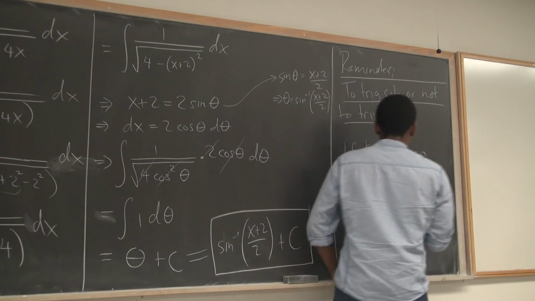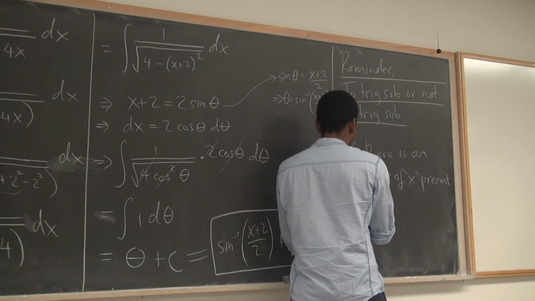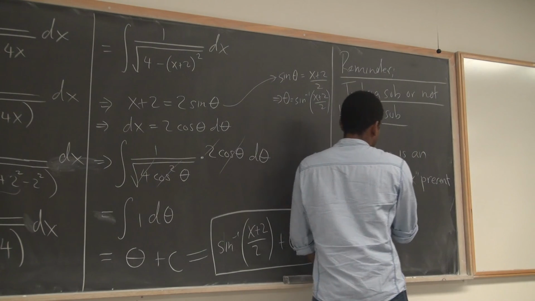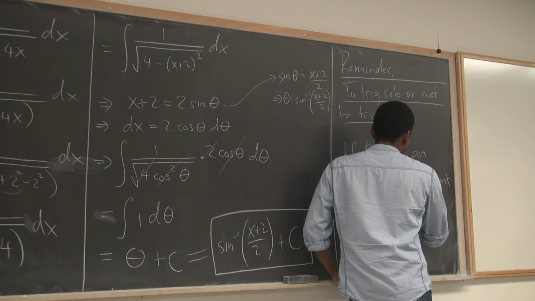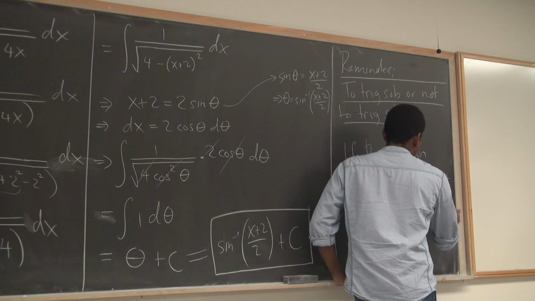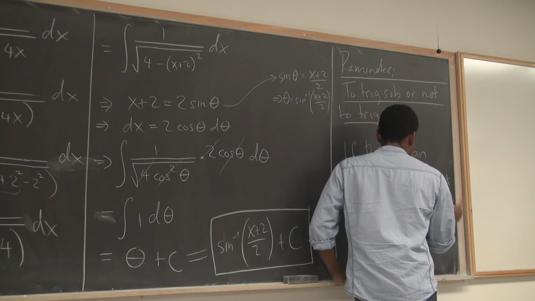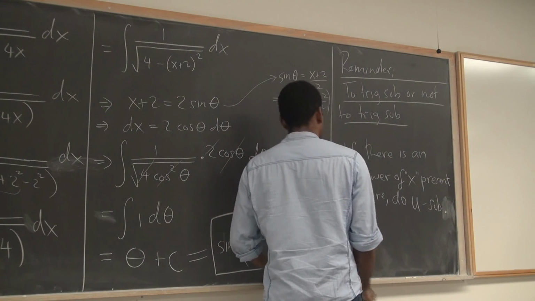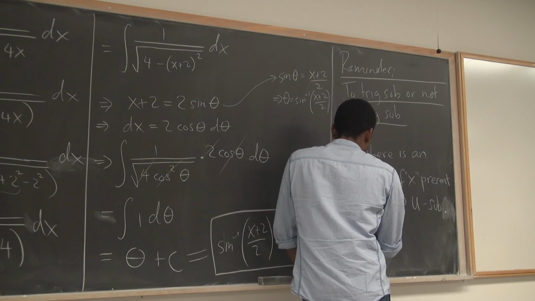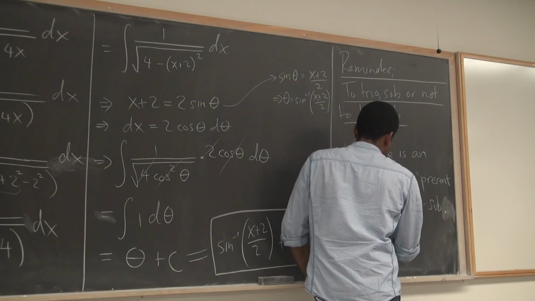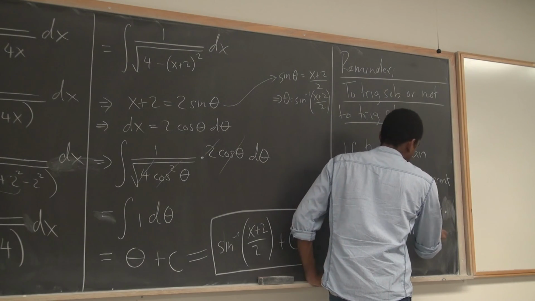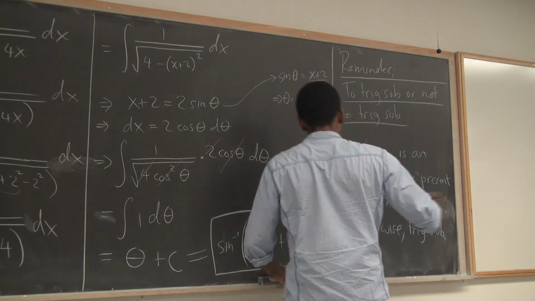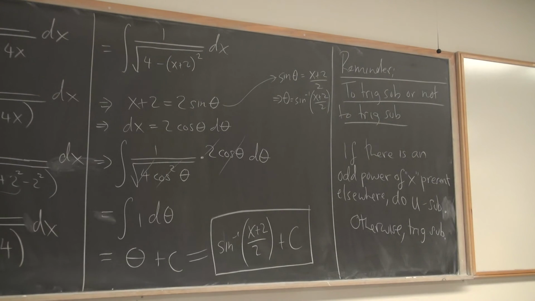Present elsewhere, do substitution. We use them. Right? Otherwise, right, this is after you go through your hierarchy of checking for power rule and substitution and all that.